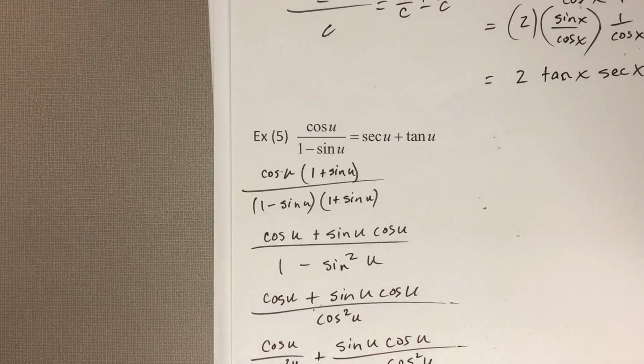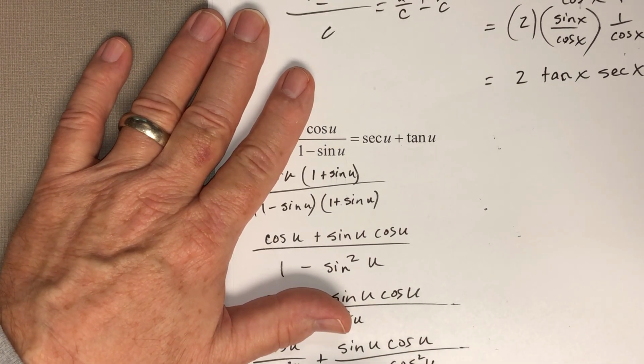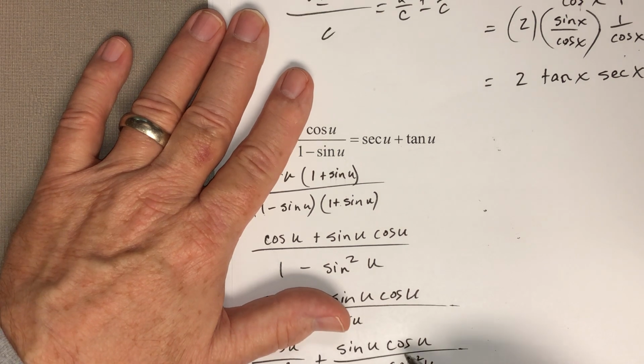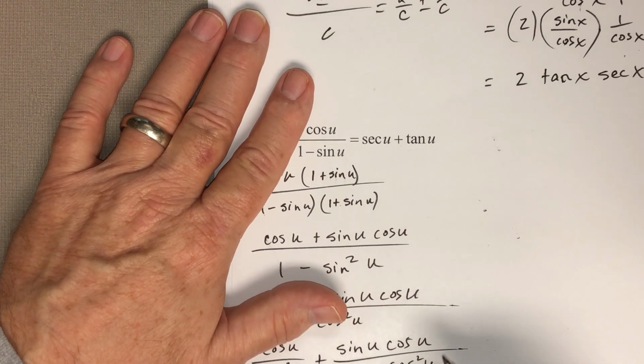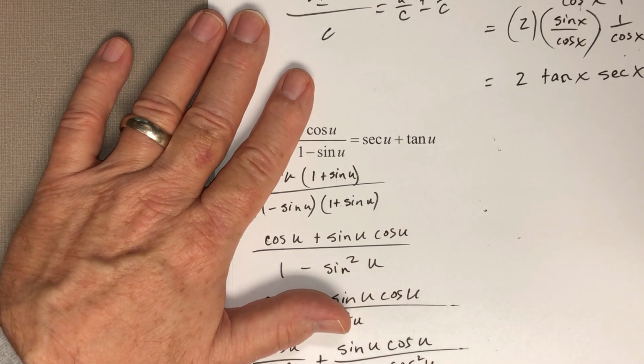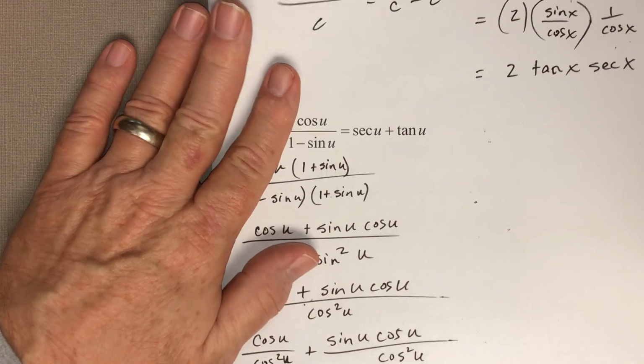Now, this first term, I've got a common factor in the numerator and denominator of the cosine of u. If I divide that by that, I get 1 over. If I divide that by the cosine of u, I get the cosine of u. Plus, a cosine of u is a common factor here. If we divide up top, we get the sine of u. And if we divide the bottom by the cosine of u, we get the cosine of u. All right.